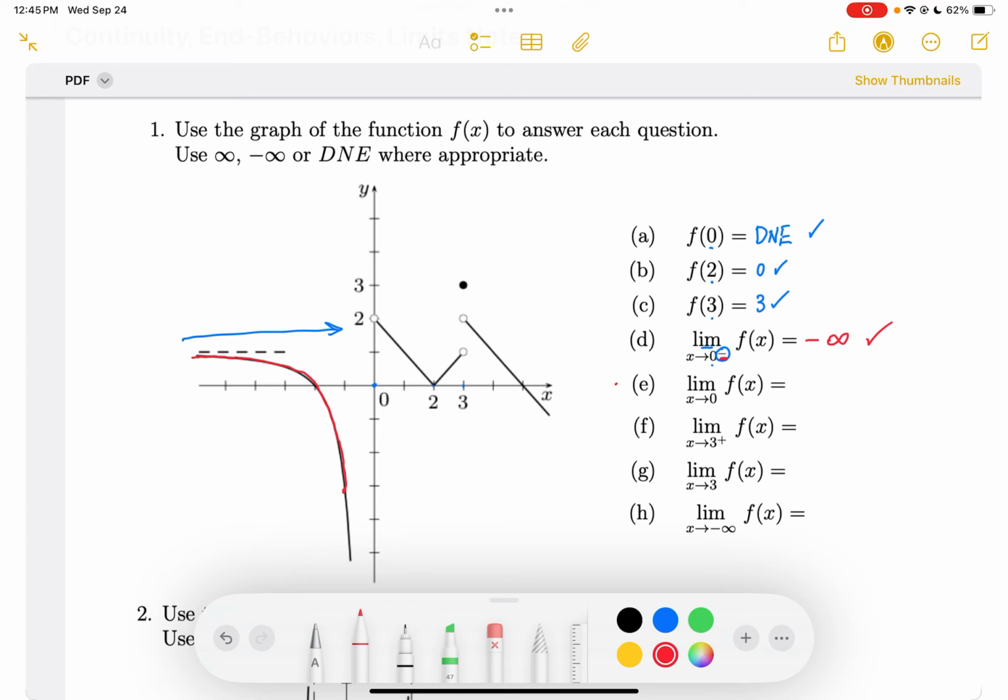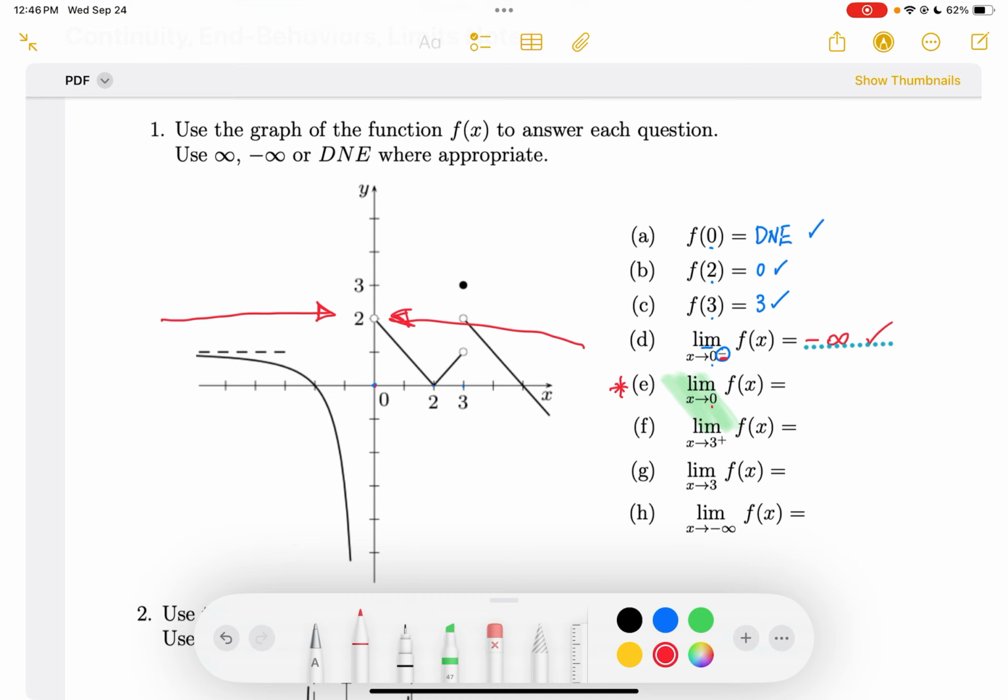What will be the difference about the E? The E tells you I'm still looking for the limit, but this time I don't have a particular direction, which means I'm going to look for the limit from the left and from the right. My location is still at 0, but this time I'm coming from the left side and also from the right side to see, do I have a limit that agrees at the same time?